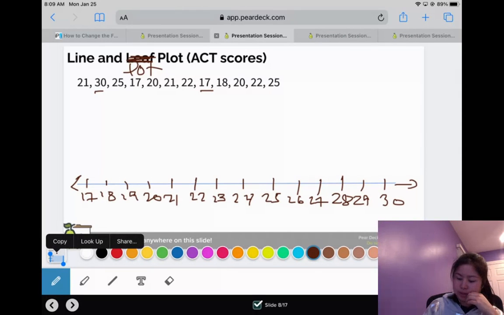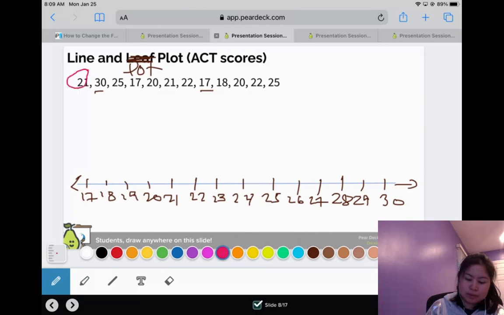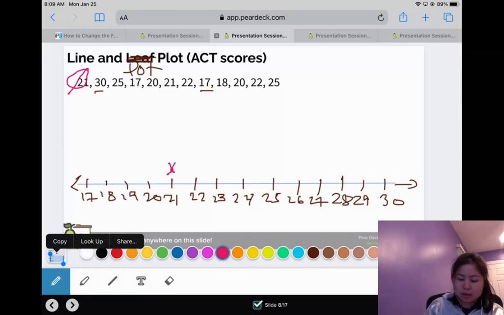Now what I would do with this number line is plot the point on that number. So the first one is 21. So there's one 21. You can make a dot or you can make the X. Okay. Then I will get to 30. There's one 30. 25. There's one 25. 17. One 17. 20. 21.